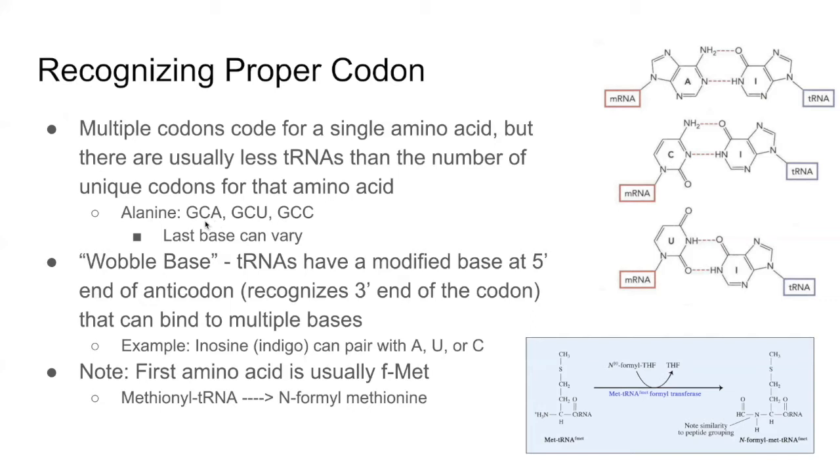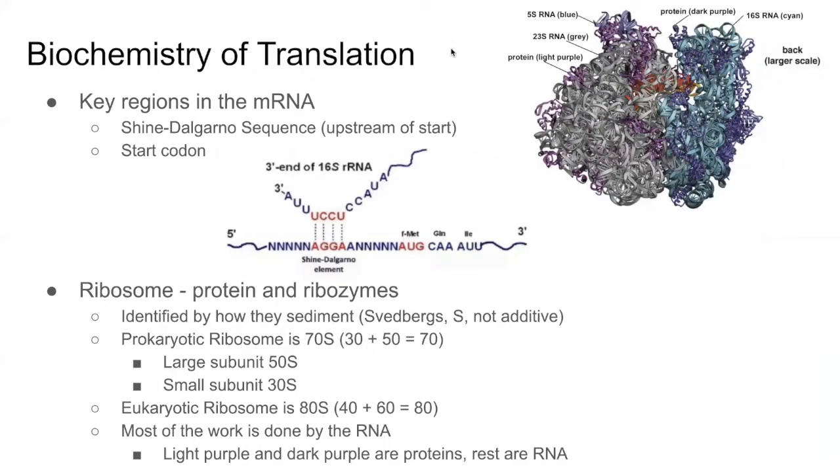If we are designing a tRNA that can recognize alanine, we want a nucleic acid that can recognize the first base. So if you want to recognize G, you want to have a C next to it.